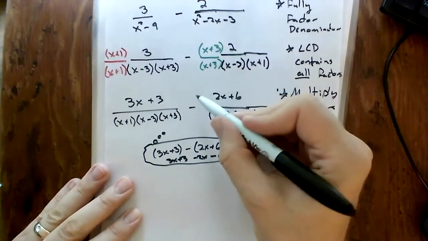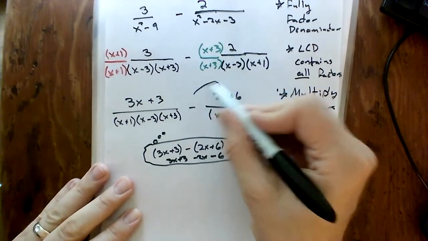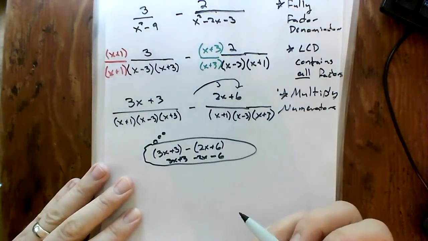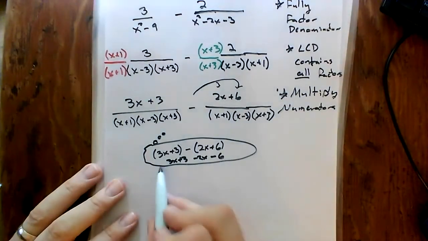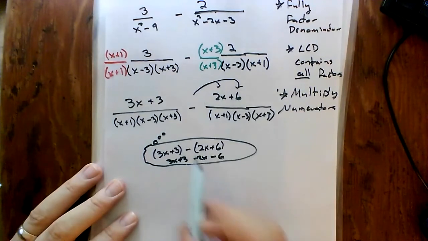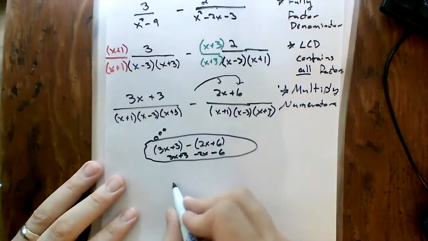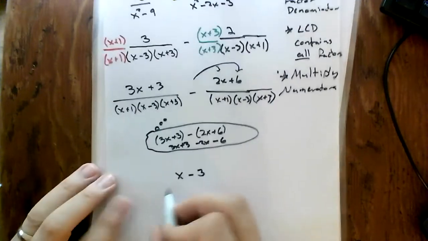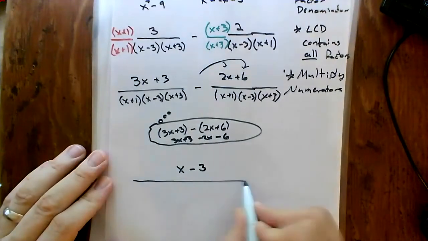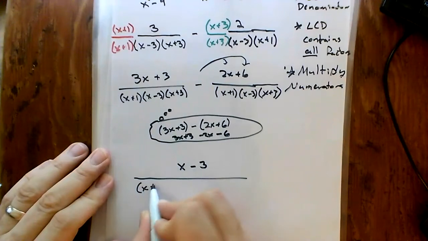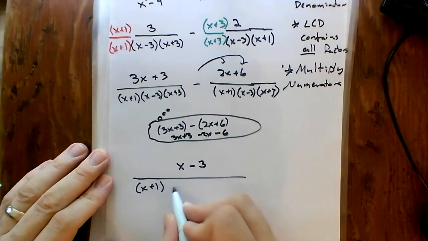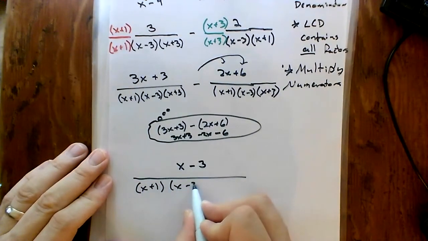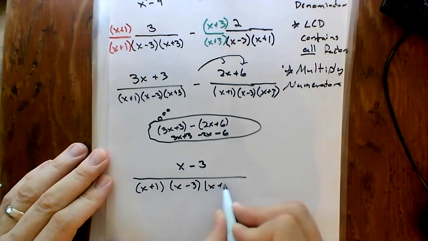This minus is going to get distributed to both of these terms. So when I add these together, 3x minus 2x is just x. 3 minus 6 is going to be minus 3, over x plus 1, x minus 3, and x plus 3.